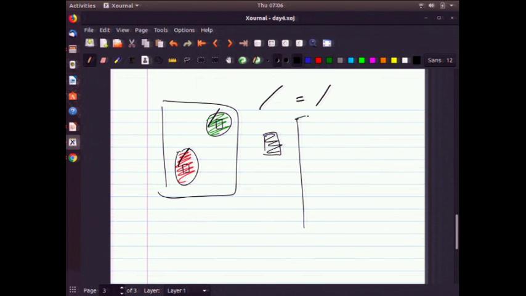So the way we do this is we write down a distance matrix where you have all the pixels in the image. So if you have, say, a 100 by 100 image, then you have 10,000 pixels. So you have a 10,000 by 10,000 distance matrix.